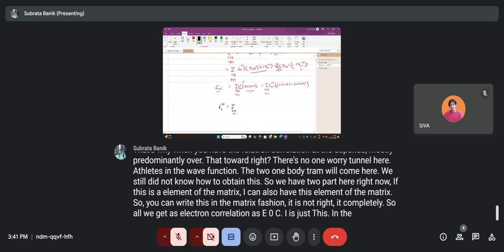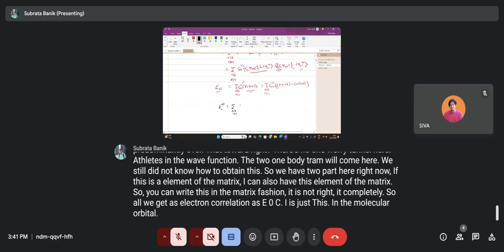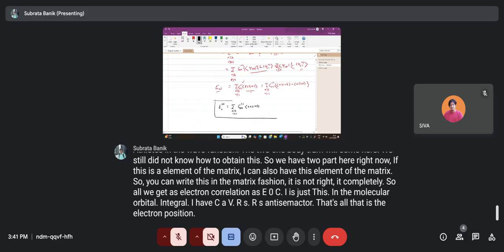In the molecular orbital integral, I have C_AB^RS times the antisymmetrized integral. That's all. That is the electron correlation.